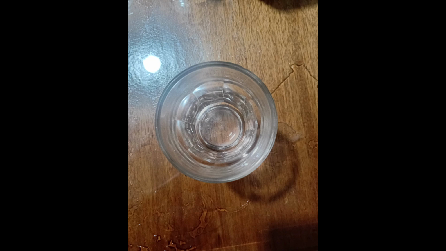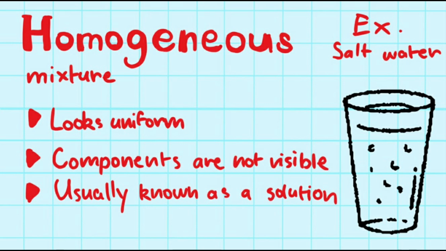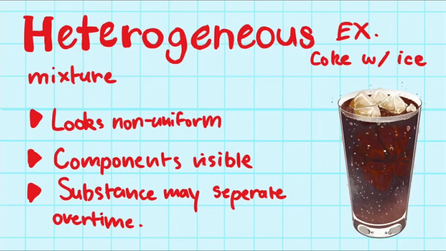And no, I cannot see the salt because it has dissolved completely. And it does not settle because the salt is fully dissolved. And it is homogeneous mixture because the substances are evenly mixed. And it is a solution because the salt dissolves completely in the water.